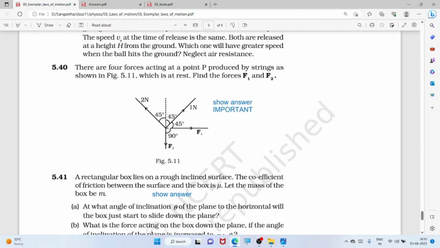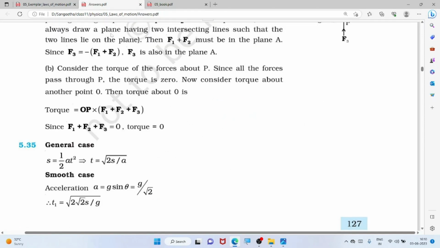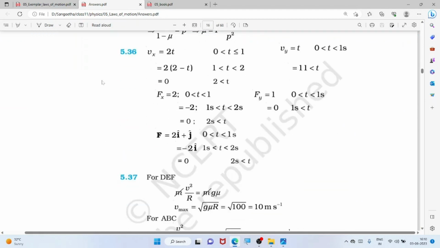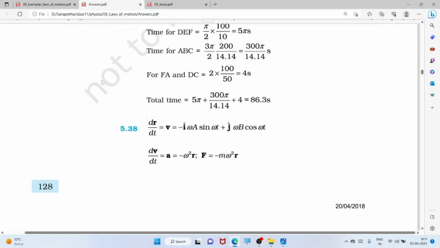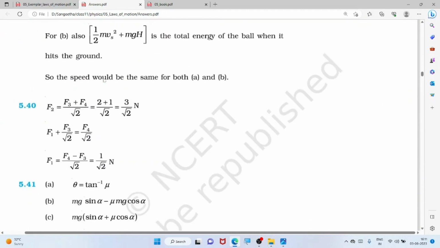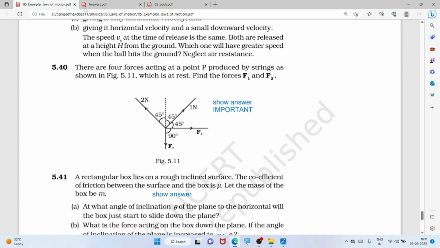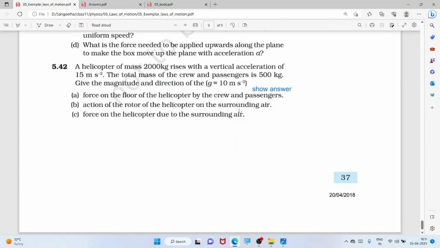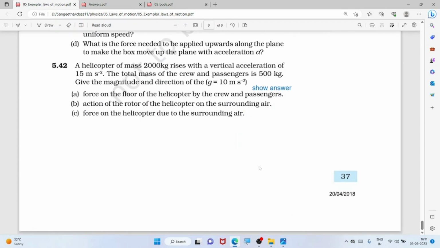Here how they are splitting the vectors and adding vectors, you will learn while going through this answer, 5.40. So you can remember these important formulas.